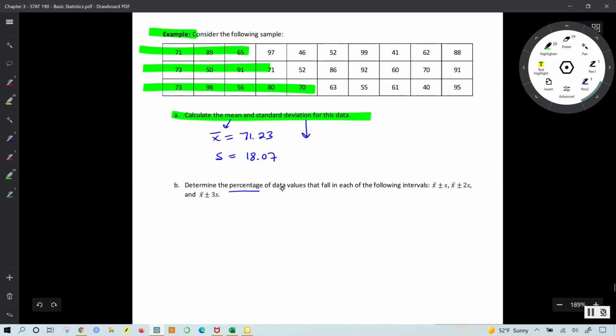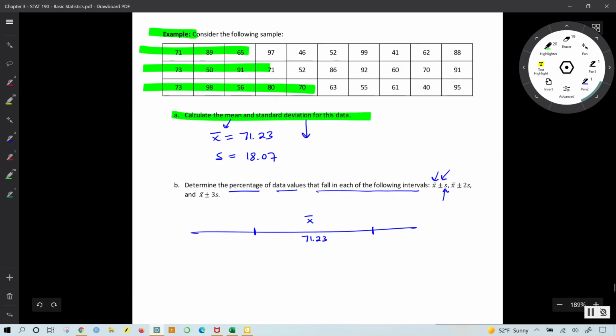Now, we would like to compute the percentage of data values that fall in each of the following intervals. So, we locate x bar, which is 71.23, and we only take one standard deviation forward and backward, implied by the plus and the minus.